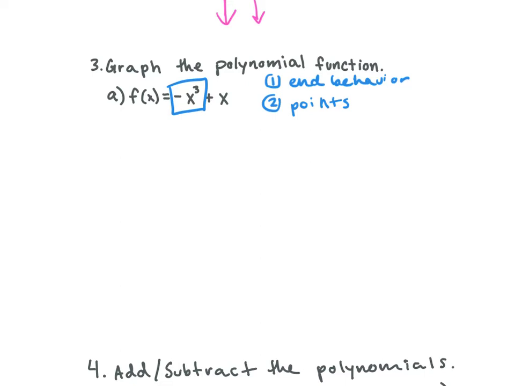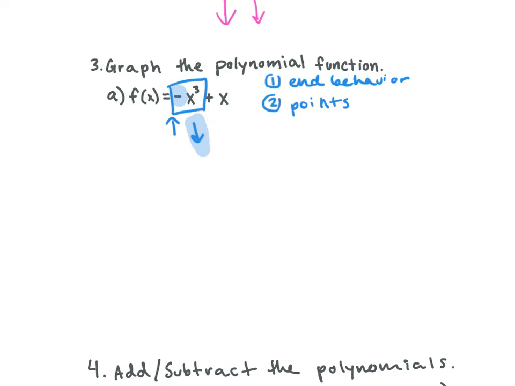So if it's negative, that tells us our right one goes down. Is this even or odd? Odd. So are they going to go in the same direction or opposite direction? Up. So up and then down. The positive or negative always tells us the right one.